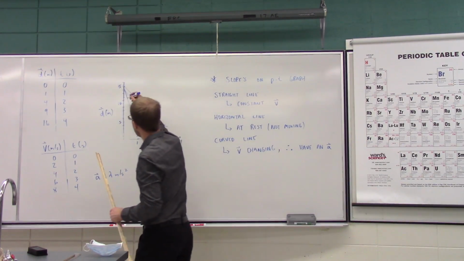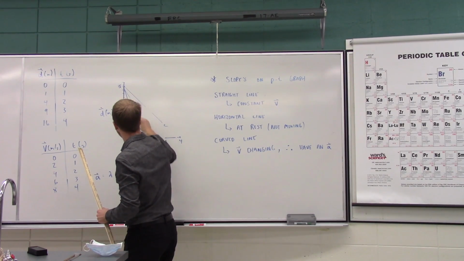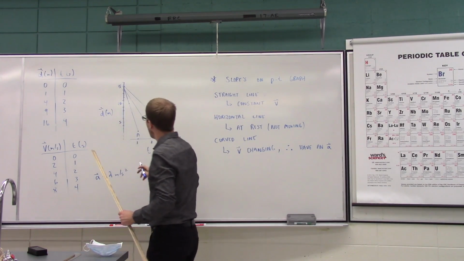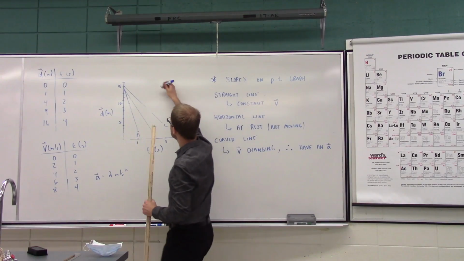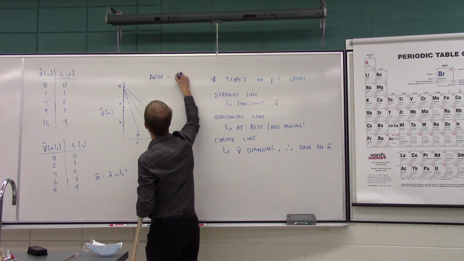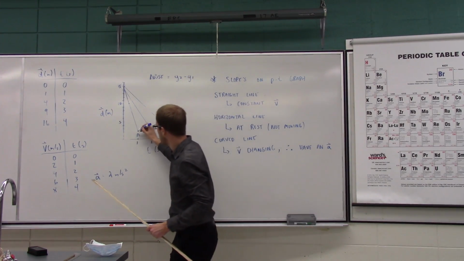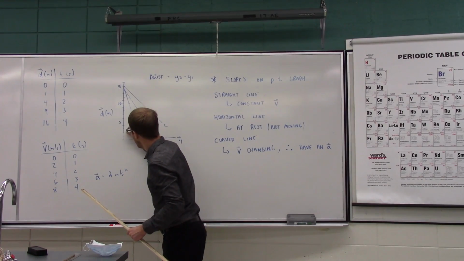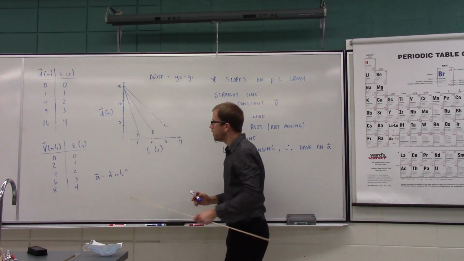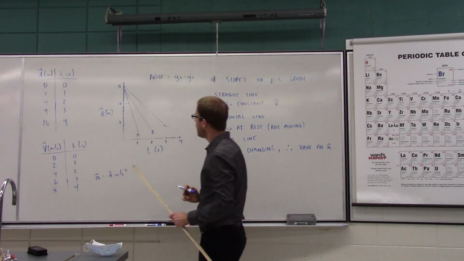If I were to calculate, I can choose any two arbitrary points, like here and here. Right? If we did the change in our rise, that's your y2 minus y1. Well, you'll notice that here my point is, say, a value of 2, and here my point is a value of 10.